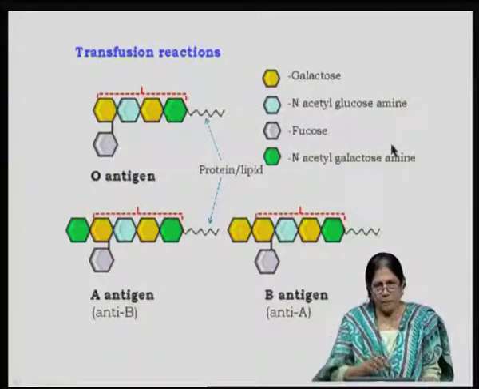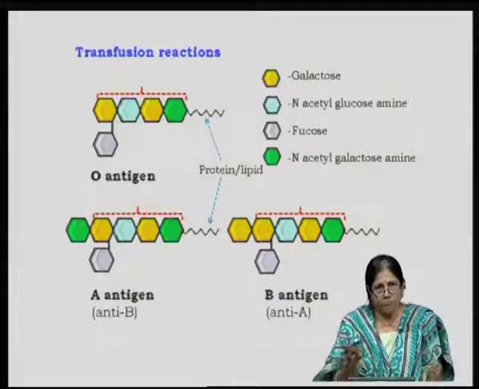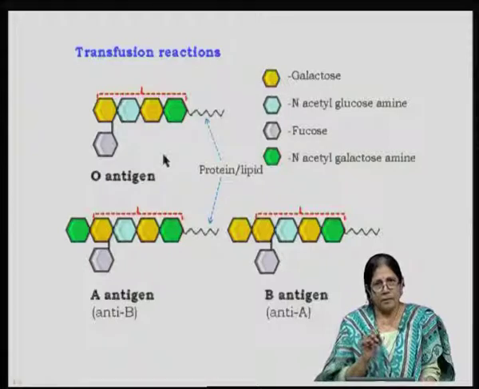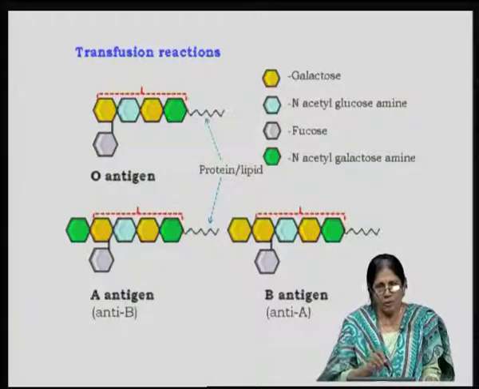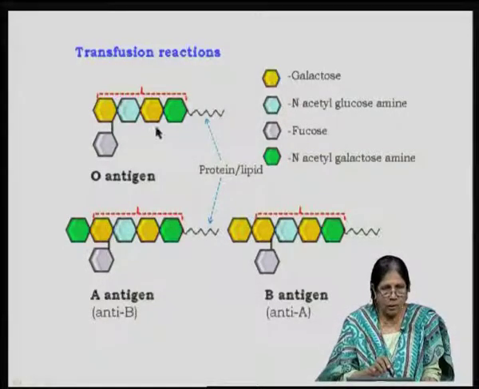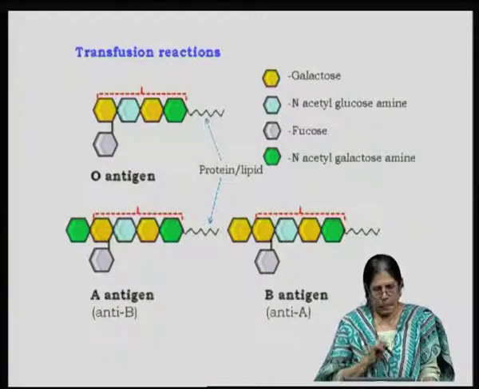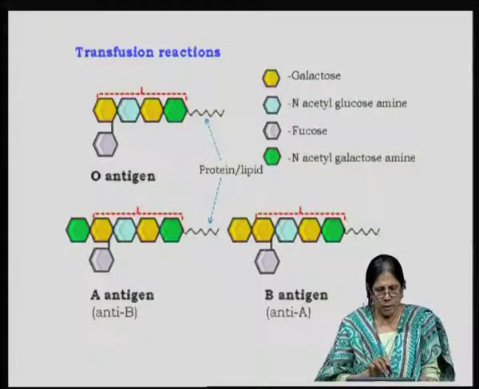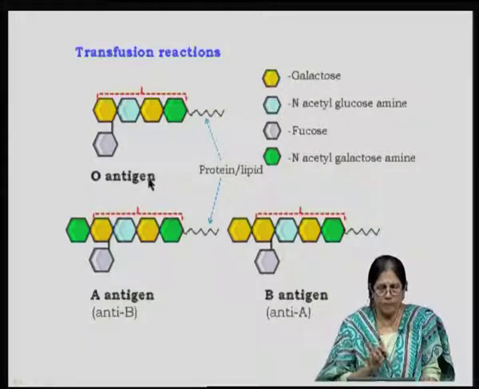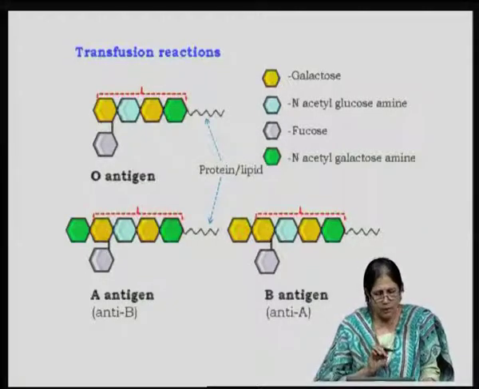I have 3 pictures here, one which represents, now I am sure all of you know that by the method of classification of Landsteiner, which is now commonly used for typing blood groups in individuals, all of us can either be of type O, type A or type B. I am sure it is common knowledge now that individuals who are type O do not have any antigens, either A or B, on the RBC surface.